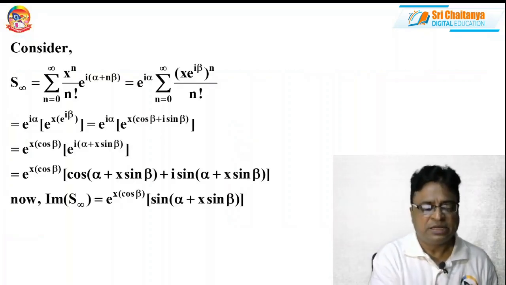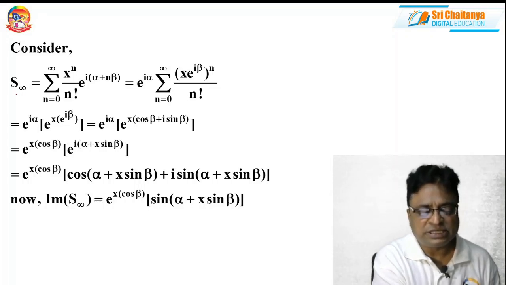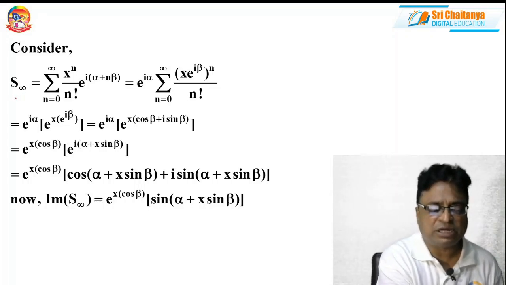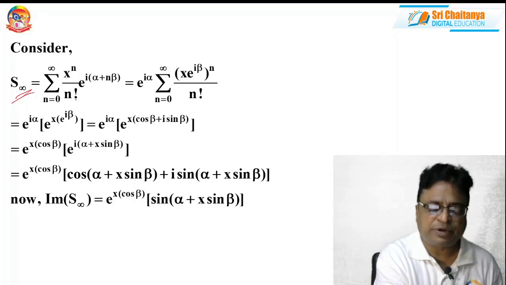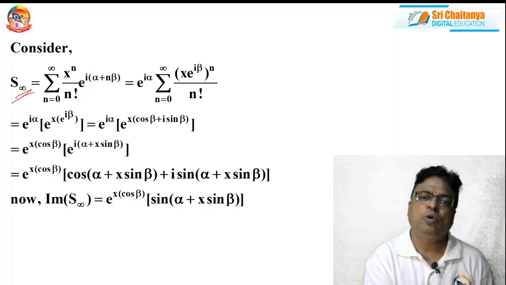Now see, I have considered this summation as S infinity. I have considered sigma n equals 0 to infinity x power n by factorial n times e power i(alpha plus n beta). What is e power i(alpha plus n beta)?